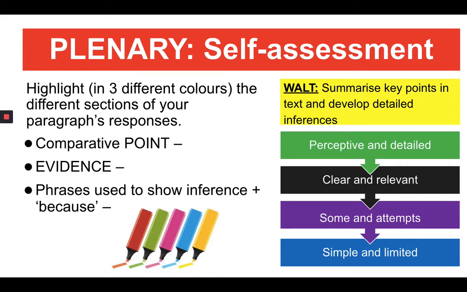Or is it perceptive and detailed? You really have focused on those key details. You have really focused on your evidence and giving more than one layer of inference. And you can see what you have to do, hopefully, to get better.